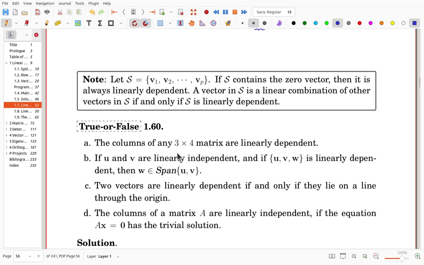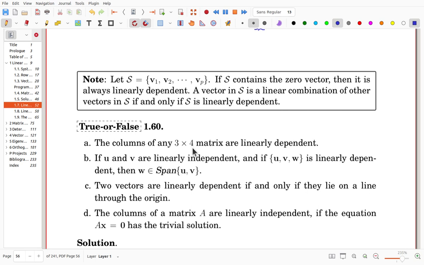The reason is that each column is in 3 dimensions, and there are 4 columns, so at least the last column will be a non-pivot column, so the matrix has at least one non-pivot column.